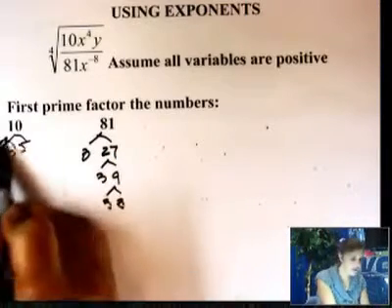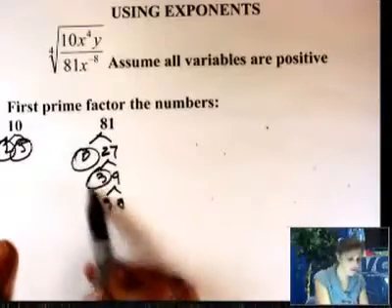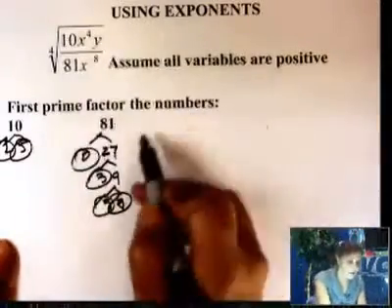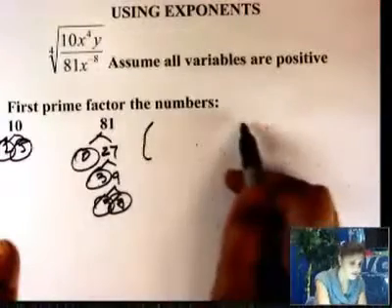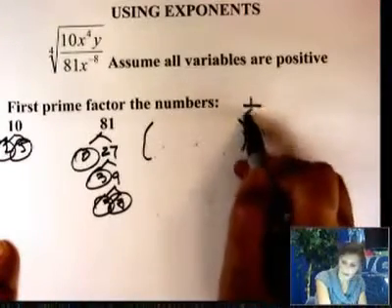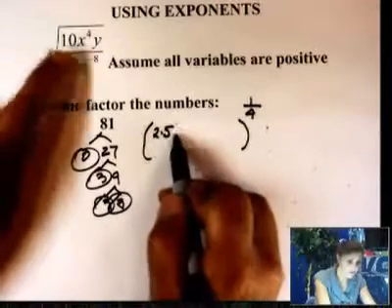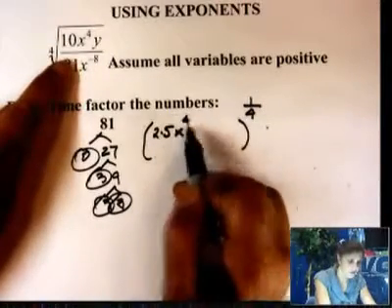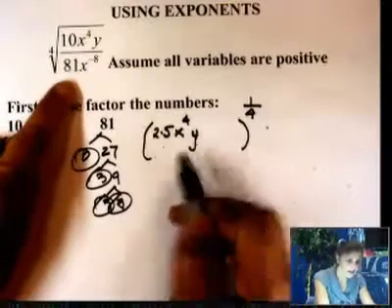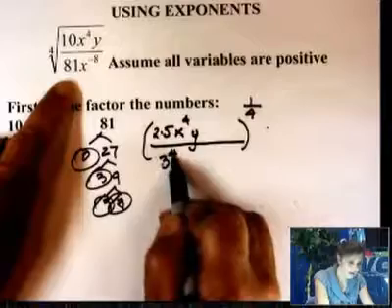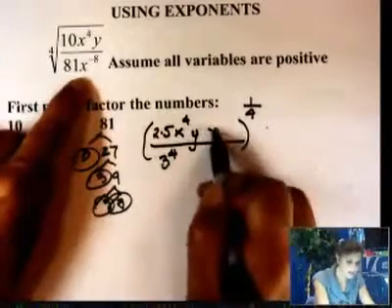So this is 2 times 5, this one is 3 times 3 times 3 times 3. So I'm going to write everything that way as a power. So let's go to the 1/4 power. So I have 2 times 5, x to the fourth, y, and this one is 3 to the fourth. And I'm going to move that x up, x to the 8.